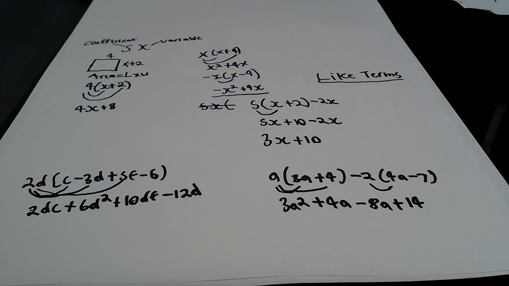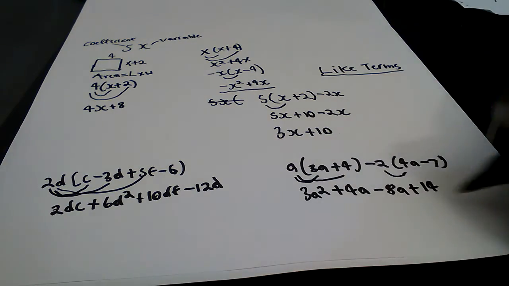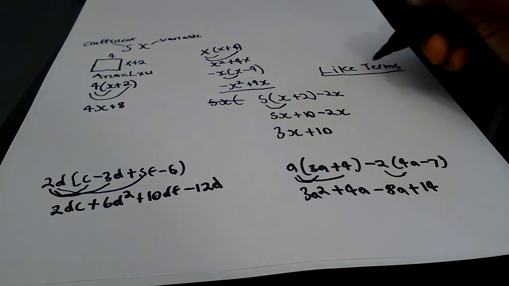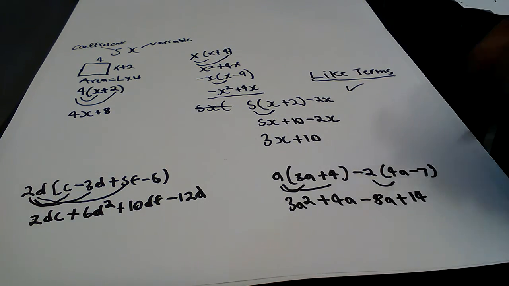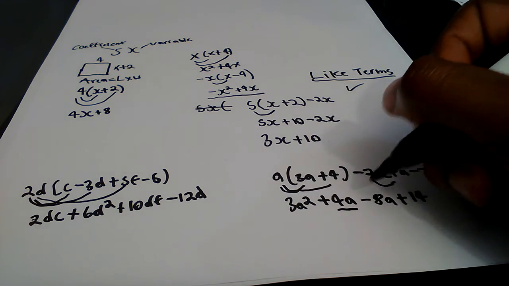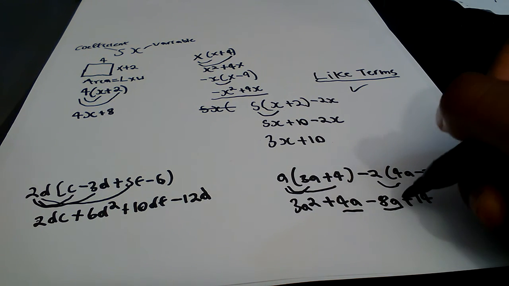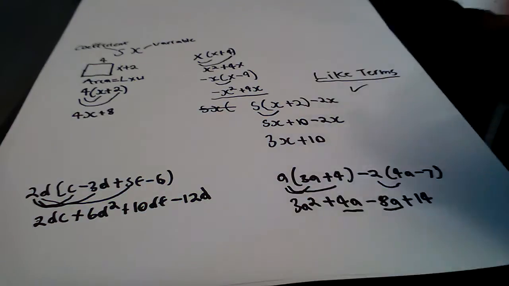So then we simplify it, okay? We simplify as usual. So what we'll do is find the like terms as usual. The like terms. Okay? So for like terms, 4a and minus 8a, they have the same variables. Alright. 4a minus 8a. So that will be minus 4a.